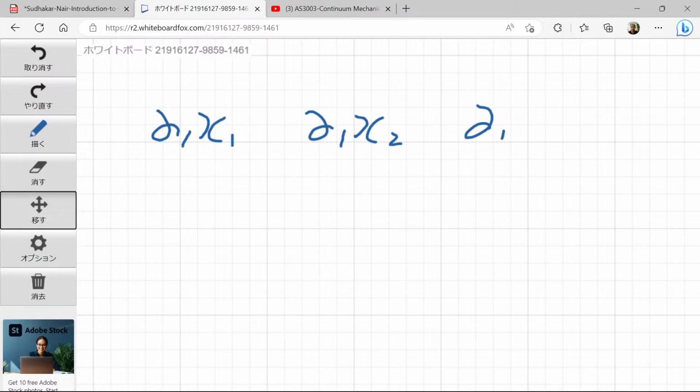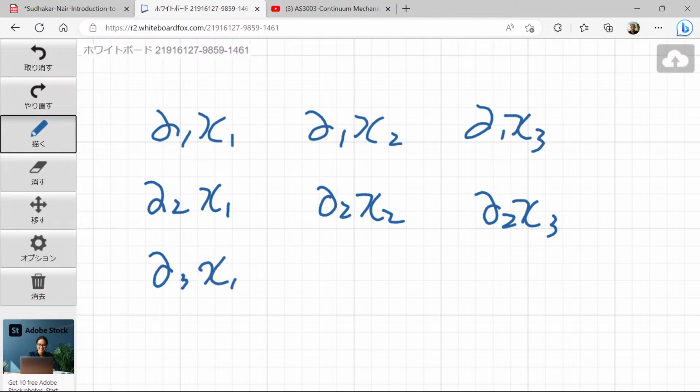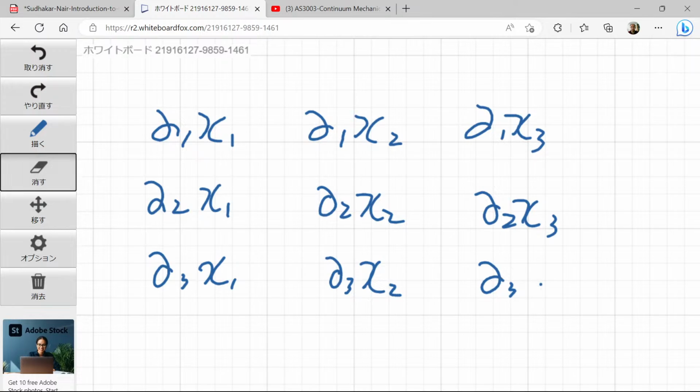So we have x1, x2, partial 1, x3, partial 2, x1, partial 2, x2, partial 2, x3, partial 3, x1, partial 3, x2, partial 3, x3, and this determinant.